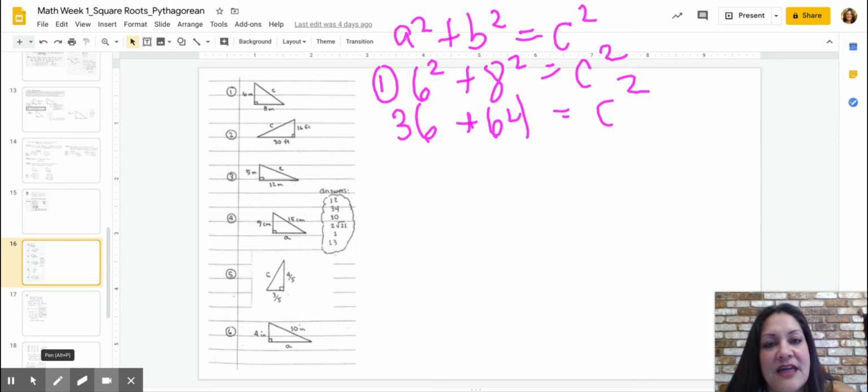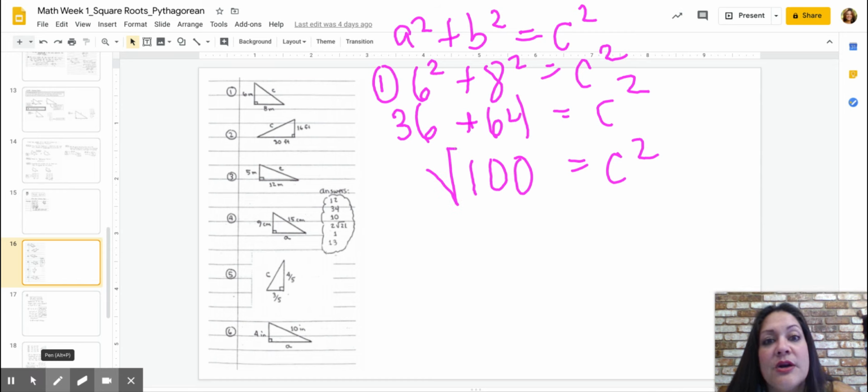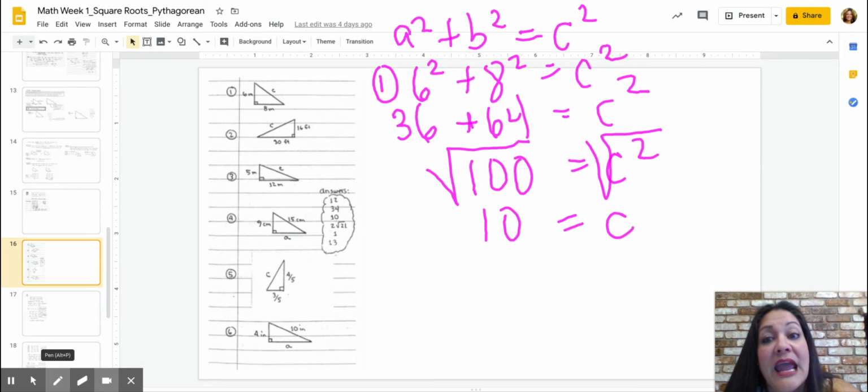Add those together. 6 and 4 is 10, so that makes 40 plus 60 is 100 equals c squared. Square root, it's a perfect square root, which means 10 equals c. And this gave me a label. It's going to be meters. c equals 10 meters. I see it right there.